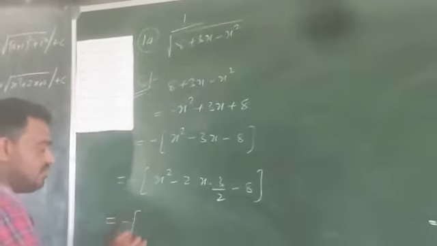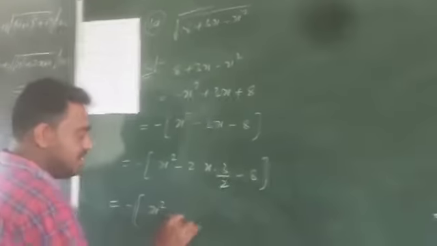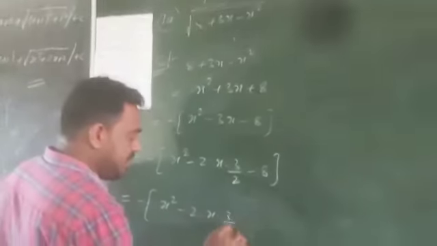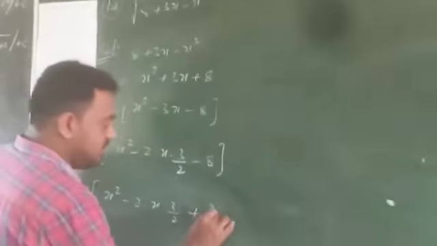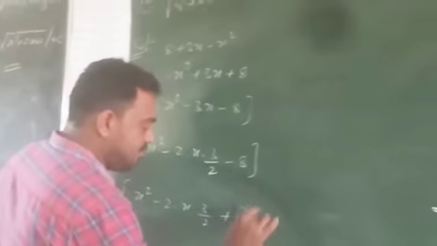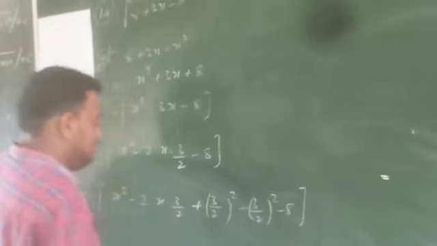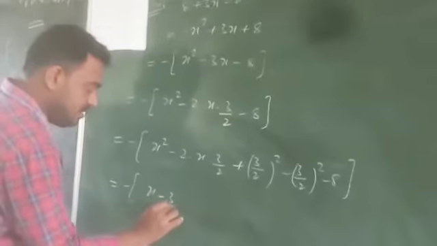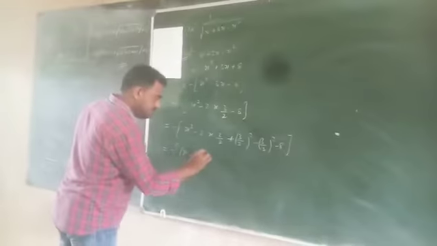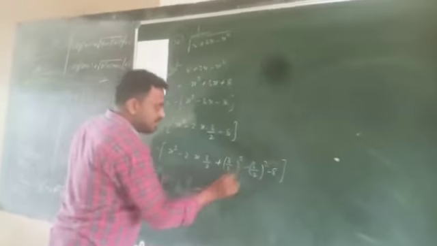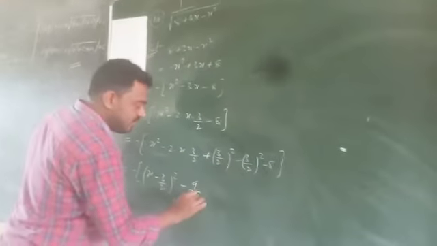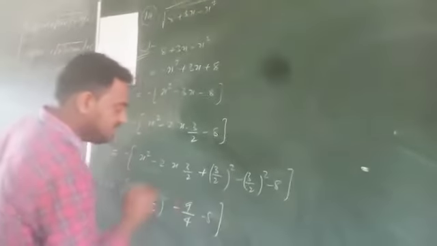This is equal to minus x square minus 2 into x into 3 by 2. We add and subtract 3 by 2 whole square. This is equal to x minus 3 by 2 whole square minus 3 square, 9, 2 square, 4, minus 8.